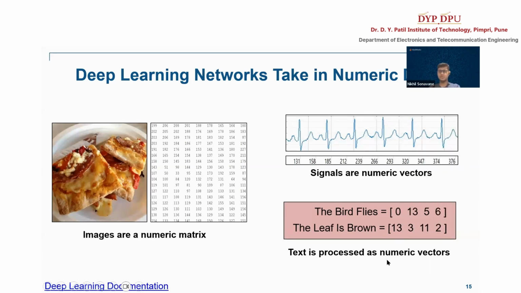Similarly, text can also be represented as some kind of numeric array. That is how ASCII values and other things come into the picture, right? Every alphabet is represented as its corresponding ASCII value, and there are other notations and representations of text as well.